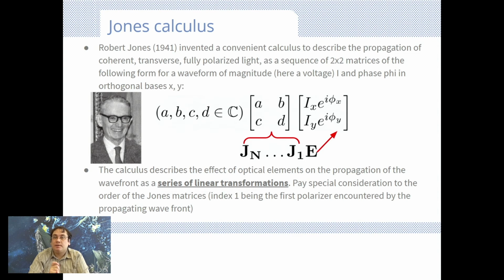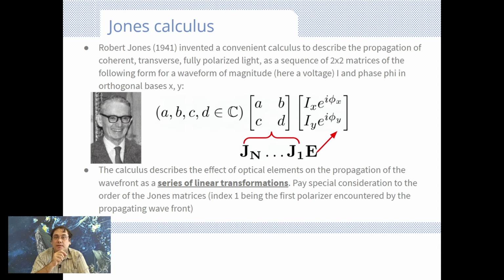And this calculus essentially tells us how to combine different systematic effects together to describe the measured signal that we have captured. So all linear effects induced on the propagating signal can be captured by a 2x2 matrix.